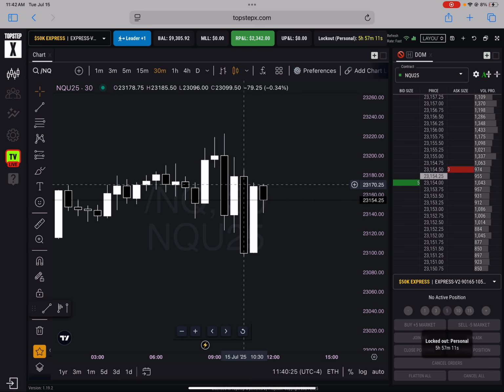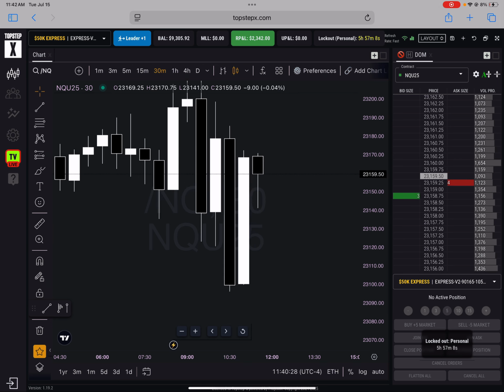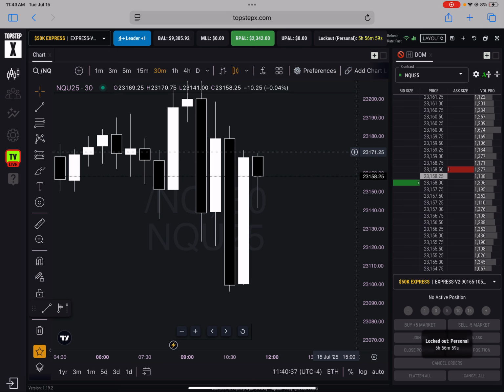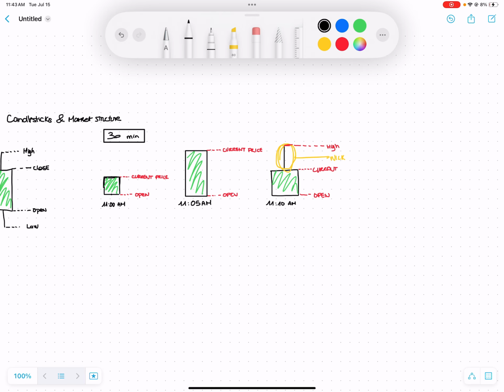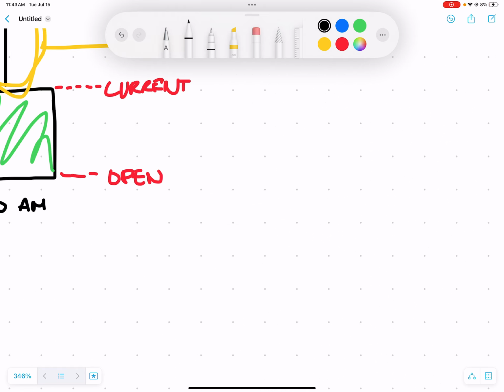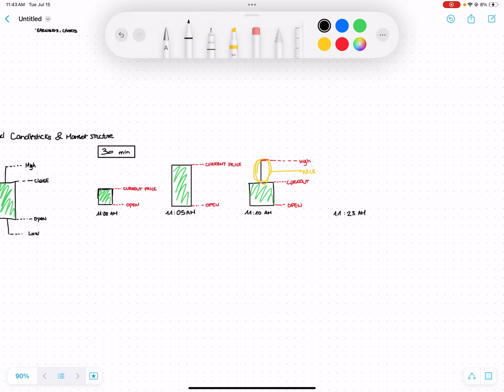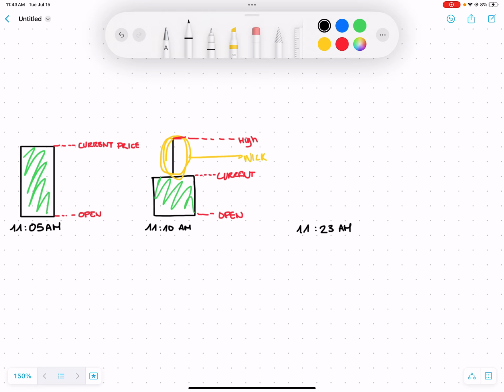And now you can see at the very top, there's a really small wick over here. That is because the highest point that this candlestick went to is 23,170. Now, how does that happen? The same way it happens over here. So let's say that it is now 11:23 a.m. Okay, so we're still within the same candlestick. We're still talking about the same candlestick.